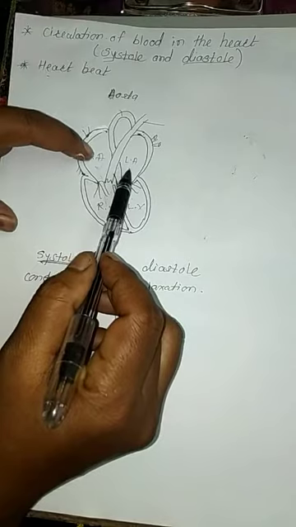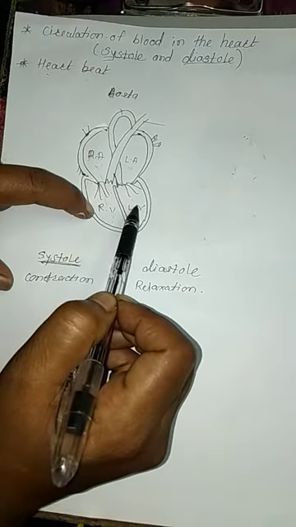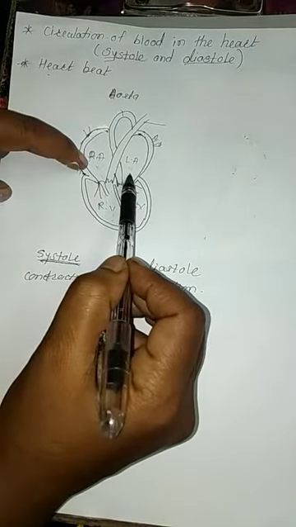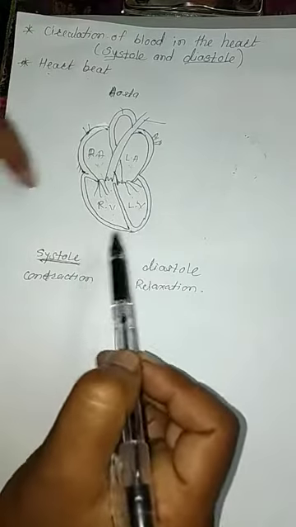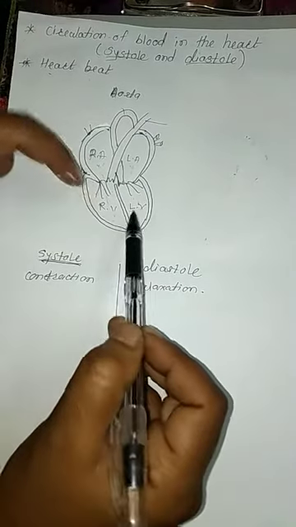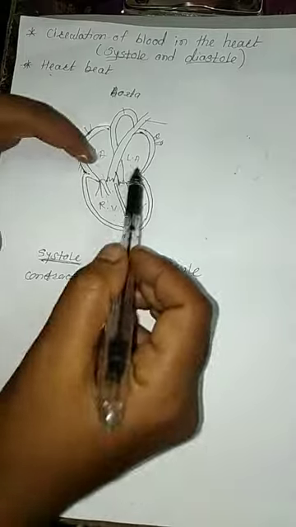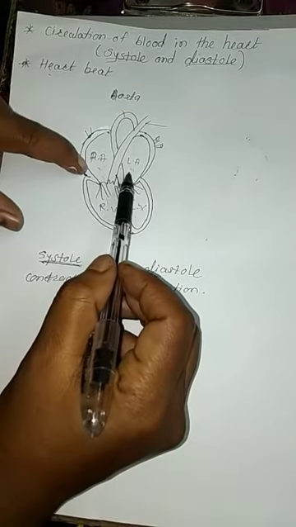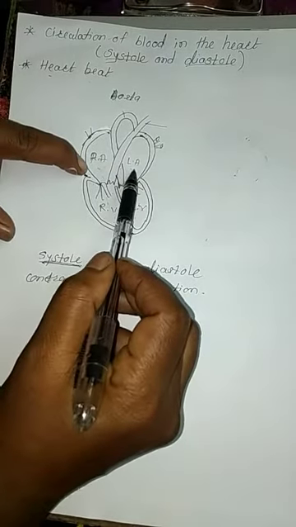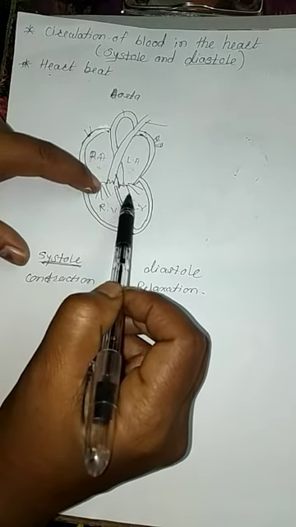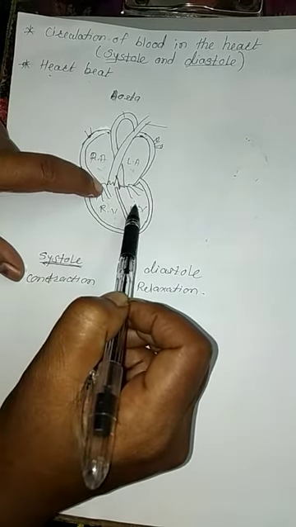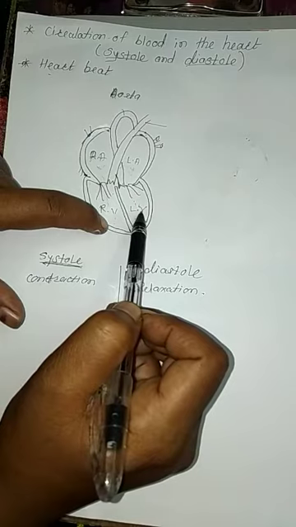So the auricle is contracting and the ventricle is relaxing. The auricles are in the systolic phase, simultaneously the ventricles are in the diastolic phase. Got it, everybody? When the two auricles contract, the blood moves towards the ventricles and the ventricles are relaxed.